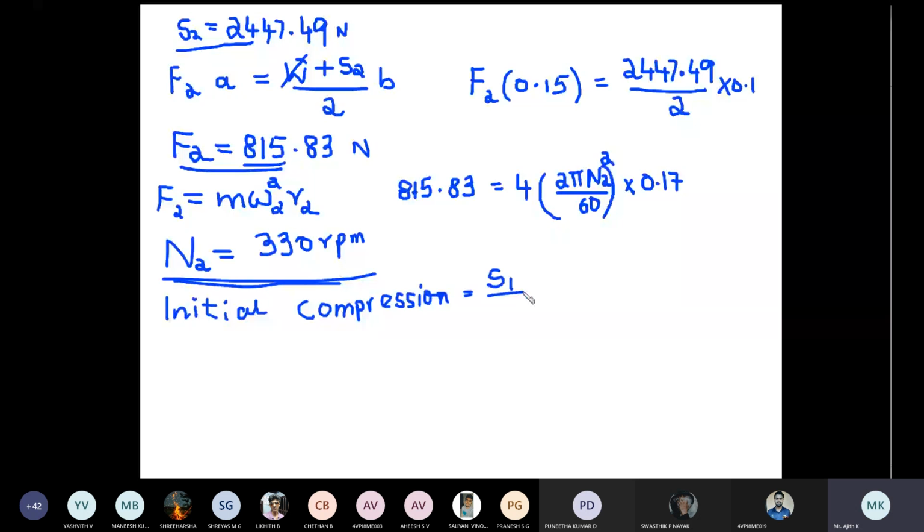You have to remember these equations. S1 value from previous calculation, you got S1 as 947.49, and the value of small letter s is given in the question, spring stiffness, which is 25,000. Therefore, initial compression you will get 0.038 meters. This is the initial compression of the spring.